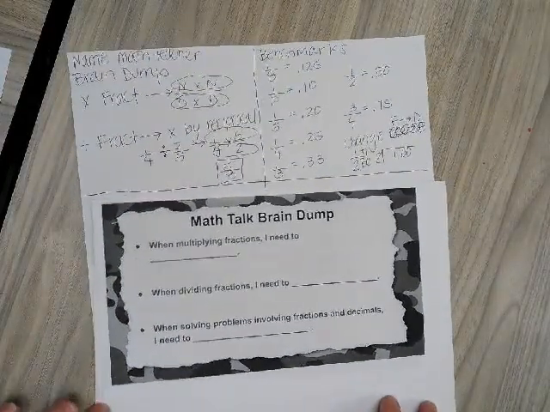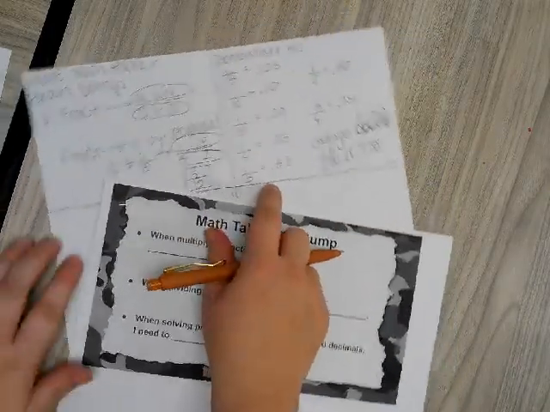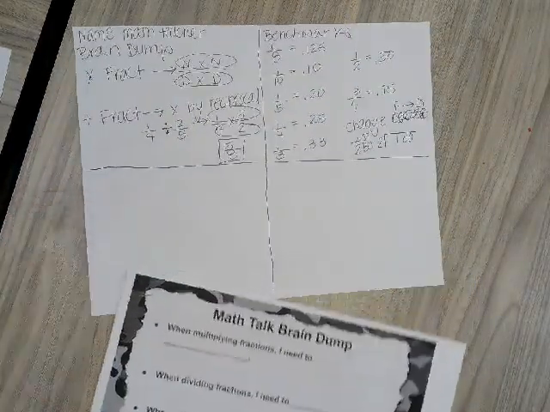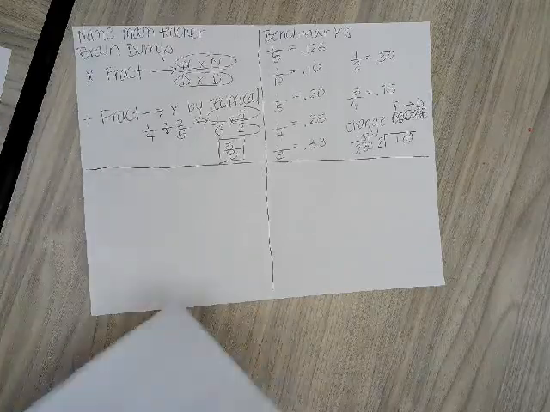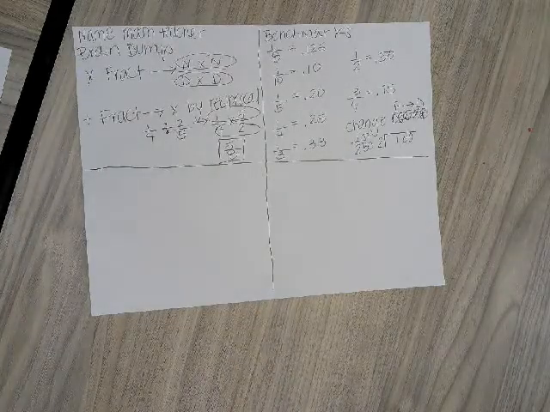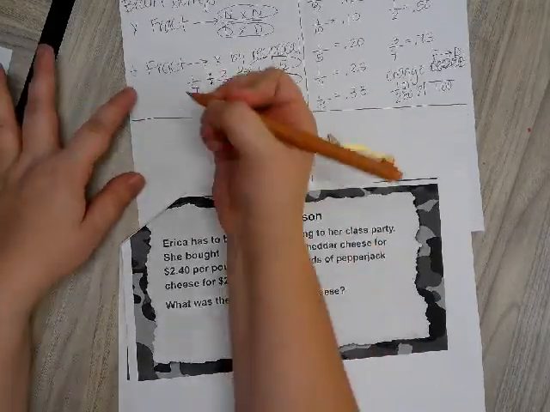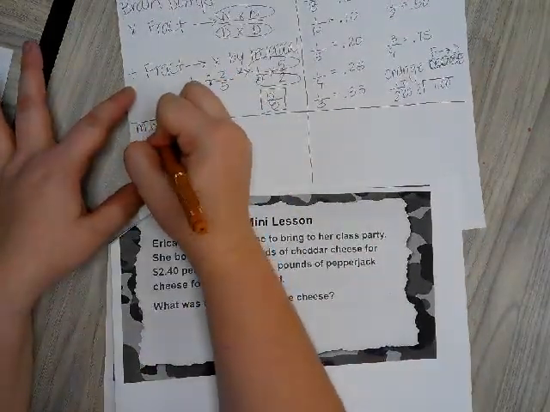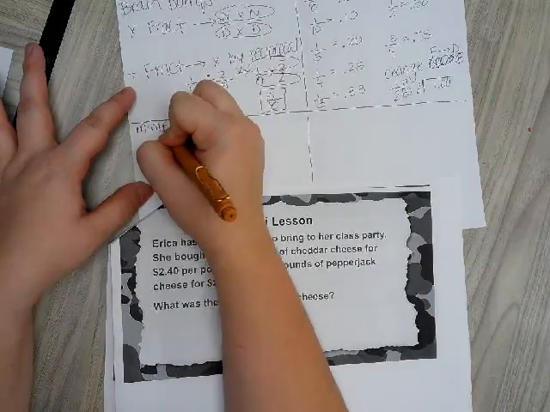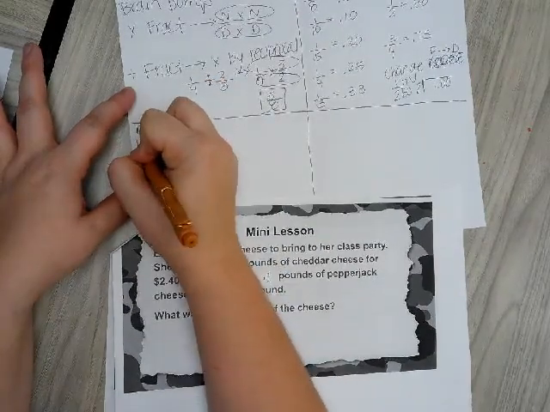Okay, well, we're going to go ahead and get started because we went ahead and brain dumped. So now we're going to go ahead and start solving. So remember, for our mini lesson, you're going to need to get those keywords.